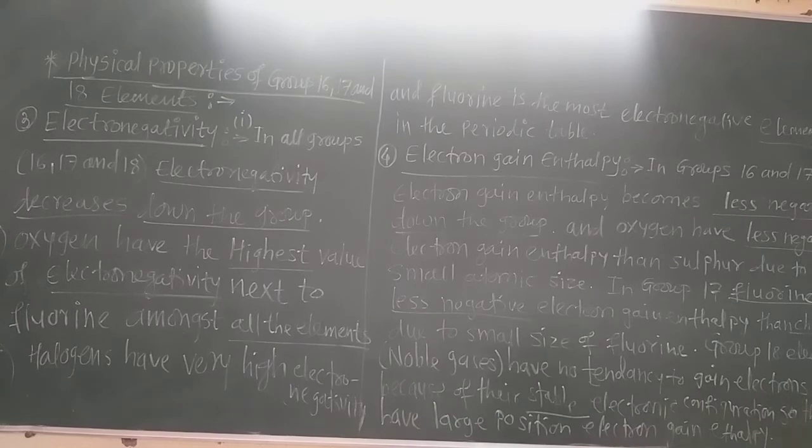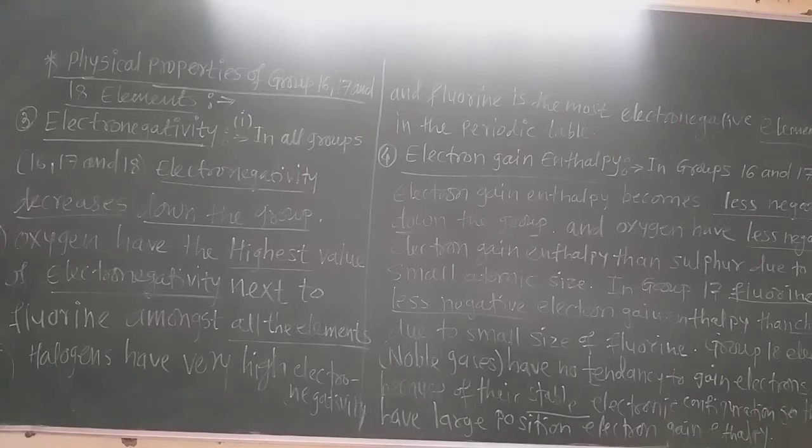Electronegativity is nothing but the tendency, it is not the power. Ionization enthalpy is the power to attract the electrons towards itself. But electronegativity is only the tendency of some elements which are most electronegative, that means which have the most electron attraction.